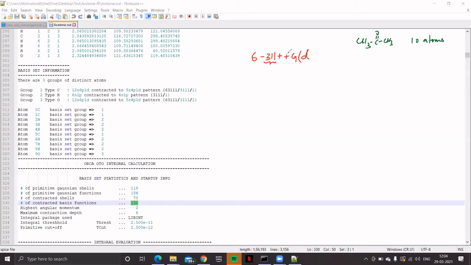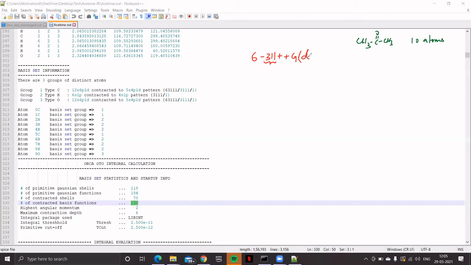6-311 and plus plus, you can only modify the size of the orbital. But if you want to modify the shape of the orbital, you require a polarization function. So you provide an orbital with higher angular momentum. In the case of carbon and oxygen, the only orbitals used for writing the ground state configuration are s and p.